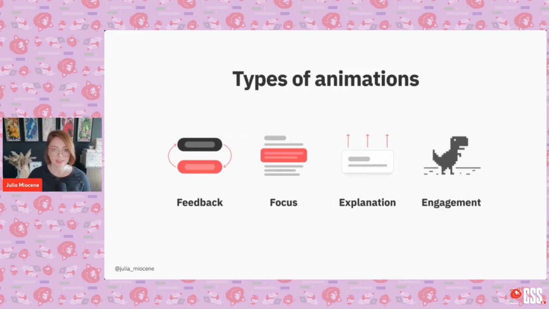Next one is an engagement animation. It helps users feel supported while they're waiting for something, or while they're waiting for an error to be fixed. It's not a super functional animation, but it's one of the funniest ones. For example, Chrome browser has a Dino game, and this is the perfect example of an engagement animation.